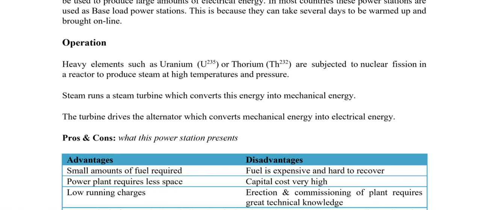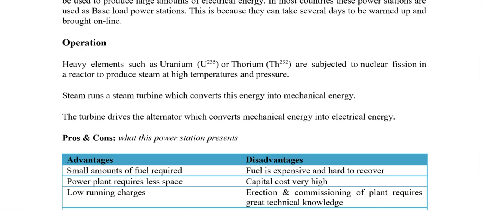The main fuel of nuclear power plants is the element we call uranium 235 or thorium 233. These nuclear elements are subjected to nuclear fission, and when they are bombarded, they produce a large amount of heat energy.